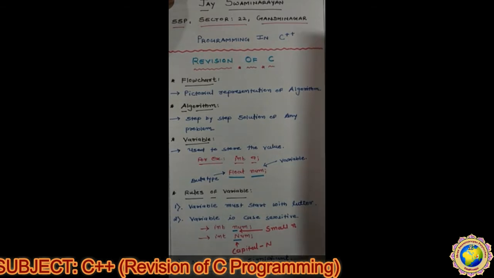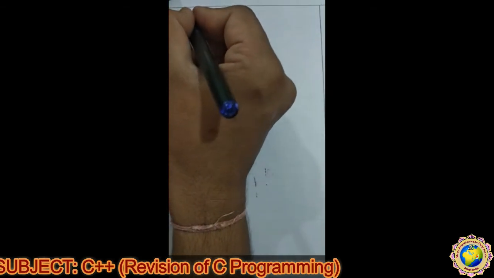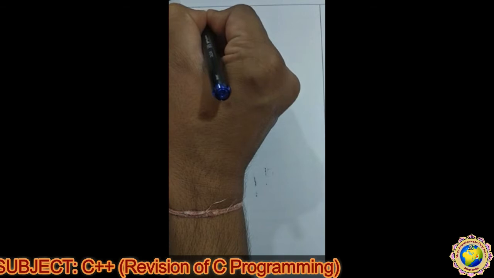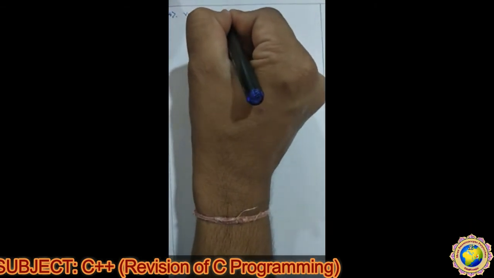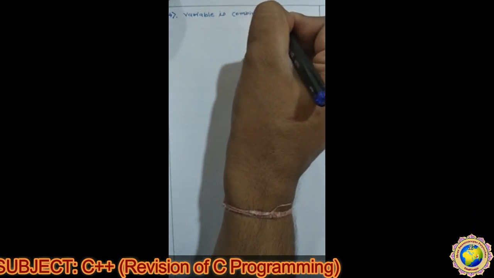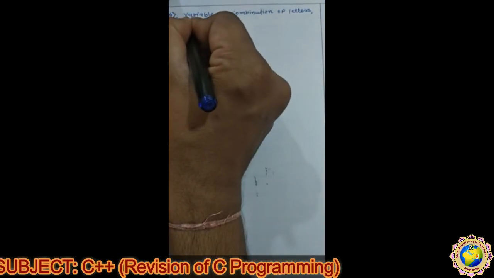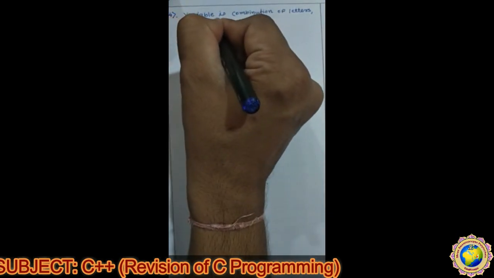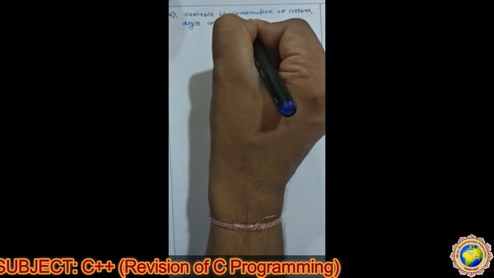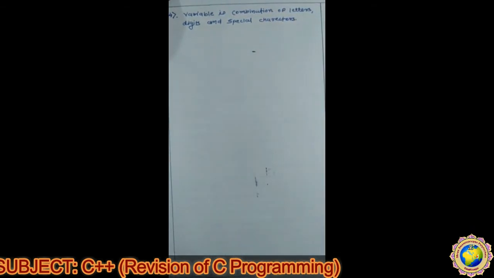As you know, the fourth rule is that a variable is a combination of letters, digits and special characters. So these are the rules of the variable.